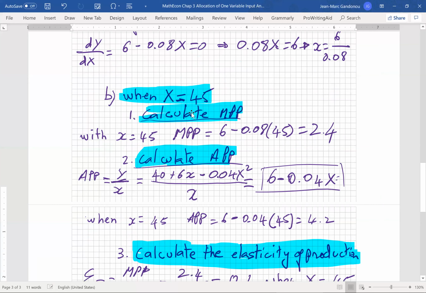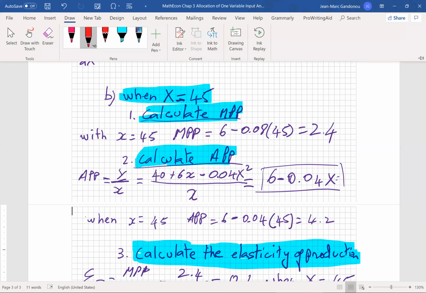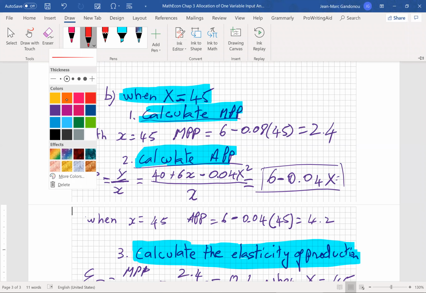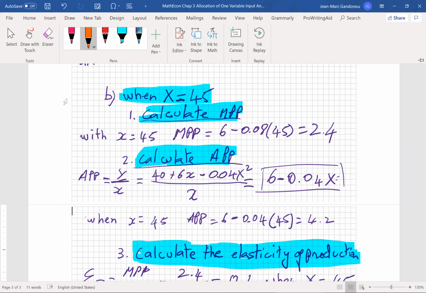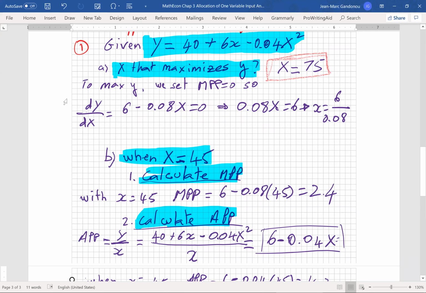So first, let's optimize this function here. Here we don't have the prices.